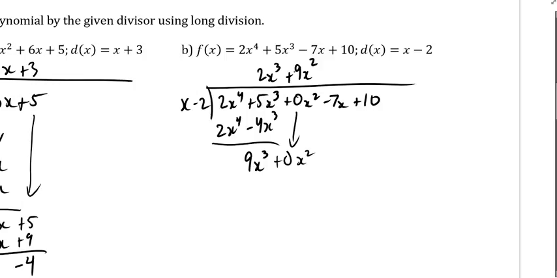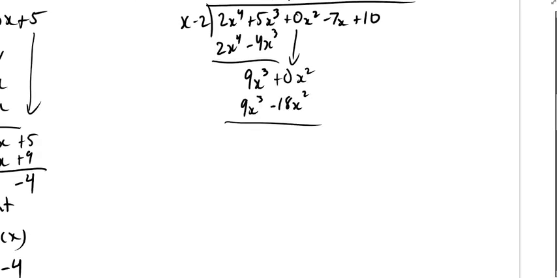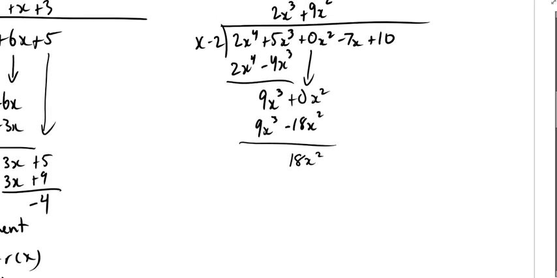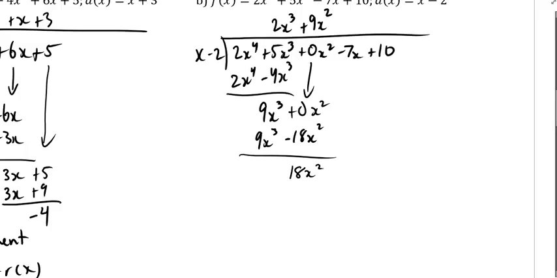So 9x squared times x is 9x cubed. And 9x squared times negative 2 is negative 18x squared. Subtract. 0, and 0x squared minus negative 18x squared is positive 18x squared. Bring the negative 7x down.